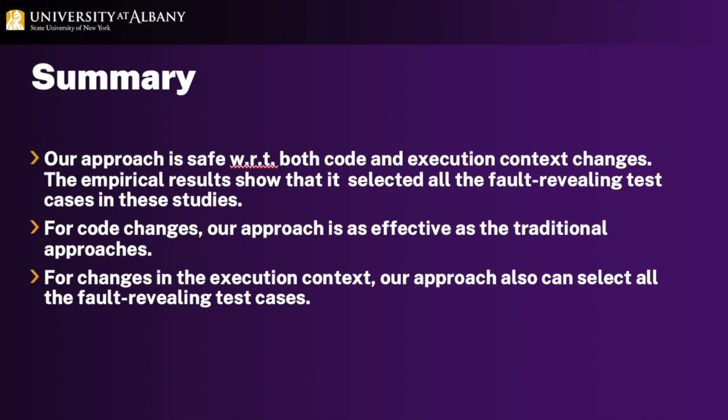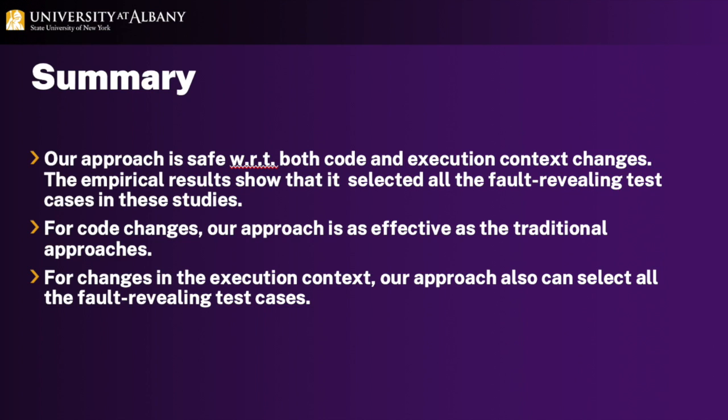Here's the summary. Our approach is safe because it can cover both code and execution context changes. The study results show that it selected all the fault-revealing test cases in these studies. For the code change, our approach is as effective as the traditional approaches.